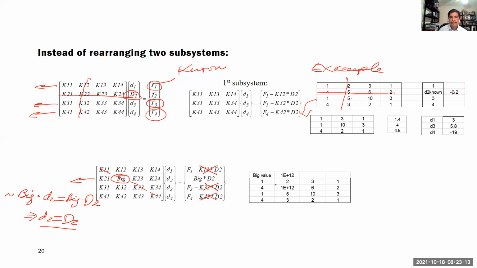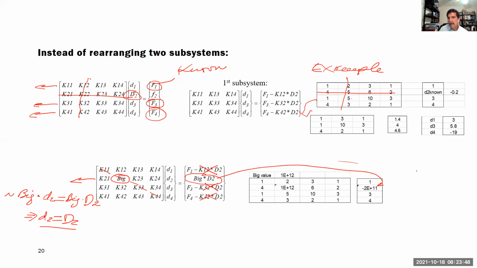For example, in this case, I have the same example. We know this D2. So instead of this 5, I replace it by a big value, for example 10 to the 12th. That's large enough. On the right-hand side, we replace the big value, this 10 to the 12th, and multiply by the known value of D2.